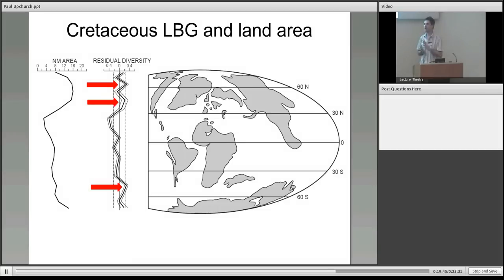And of course, dinosaurs are a completely terrestrial group. They didn't produce any marine forms. During much of the Cretaceous, much of the tropical zones were ocean, so why would we expect to see many dinosaurs there? So this kind of, I think, fits quite nicely with what we see paleogeographically.